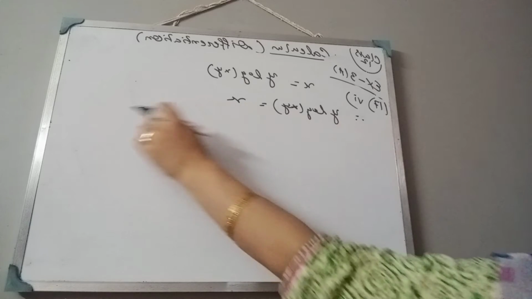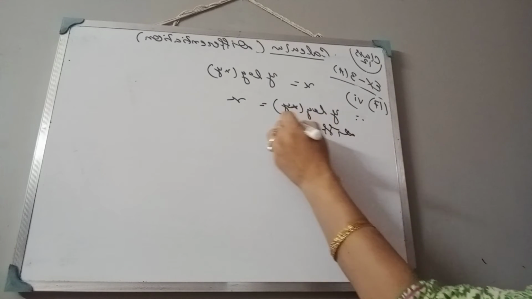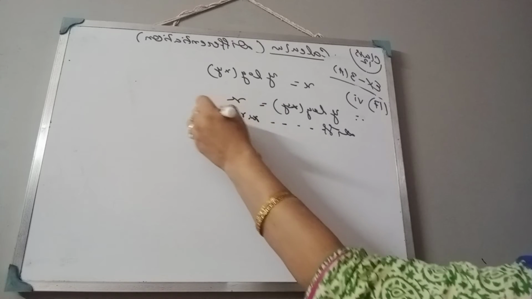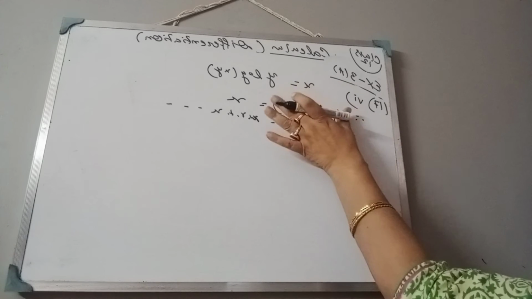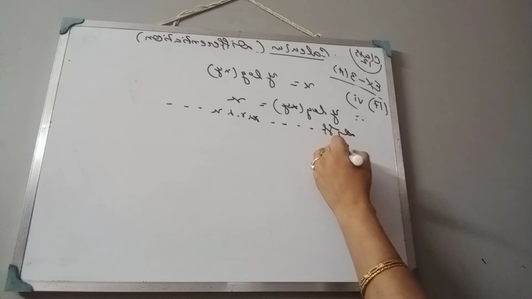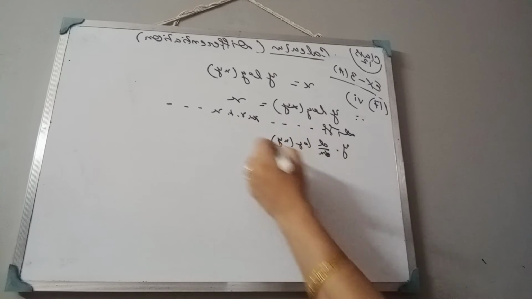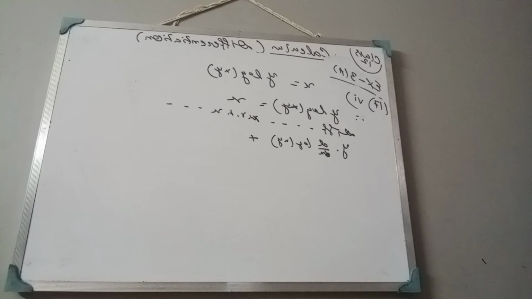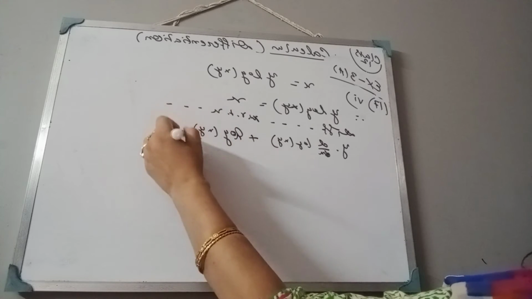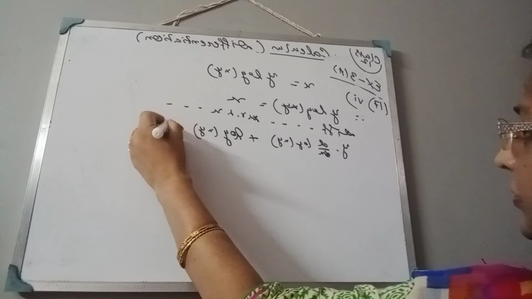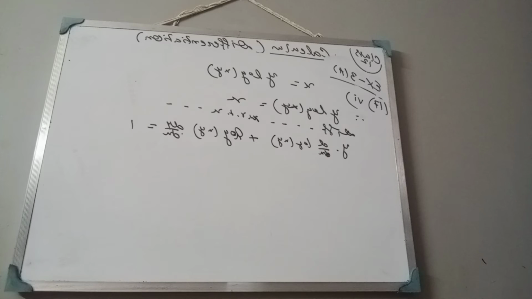Now differentiating both sides with respect to x, we get: since this is y into this, this is the product form, so we can write y into d/dx of log xy plus log xy into dy/dx, we are following the product rule, is equal to d/dx of x is 1. So write here 1.